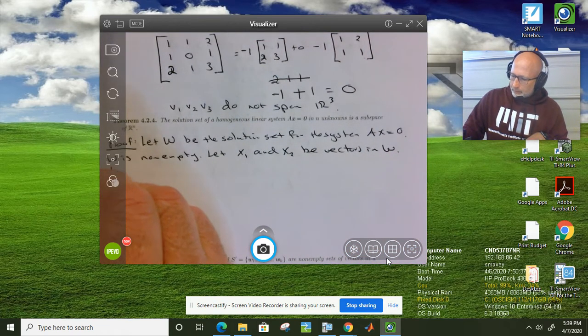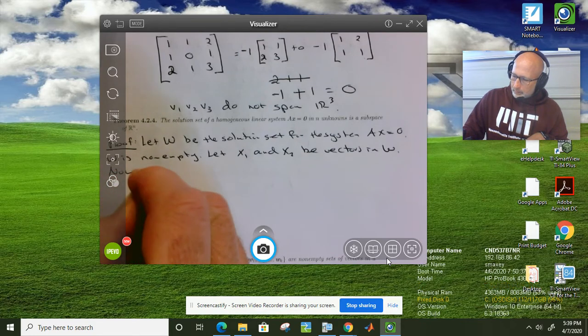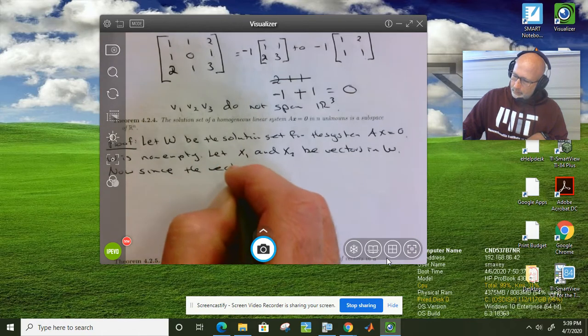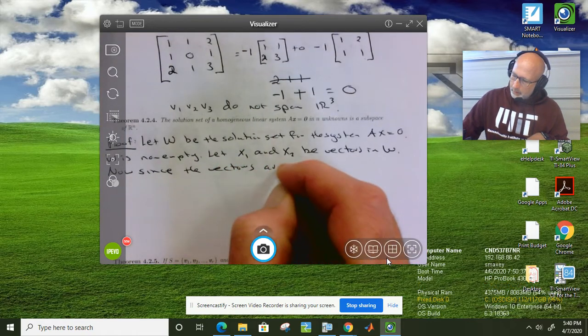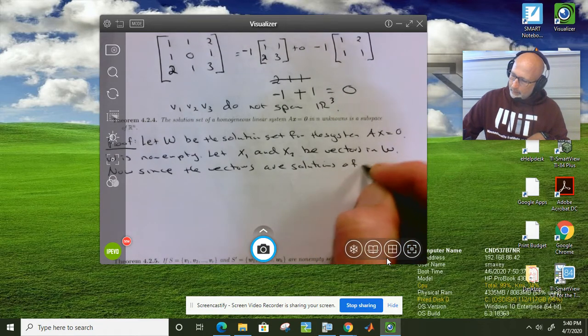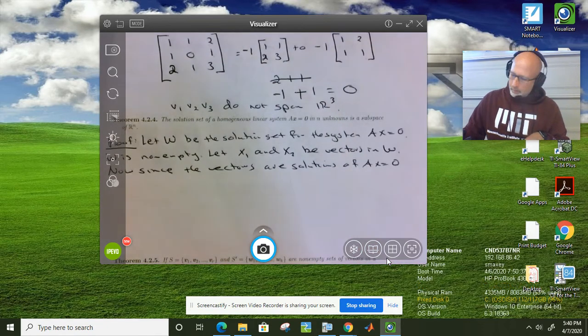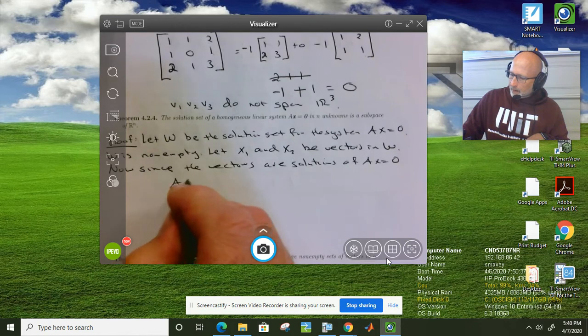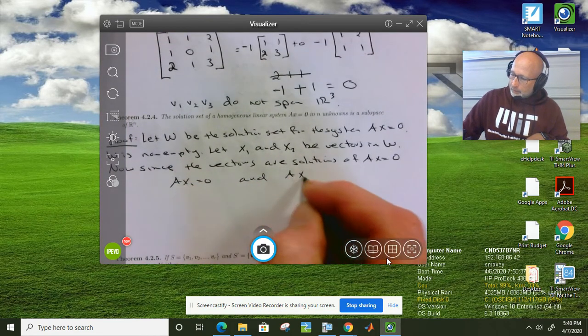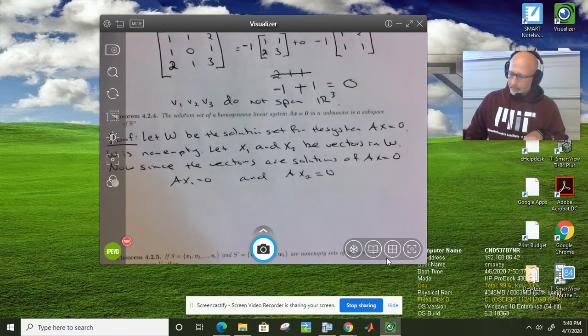Now, since the vectors are solutions of Ax is equal to 0, then that means I have Ax1 has to be equal to 0 and Ax2 has to be equal to 0.